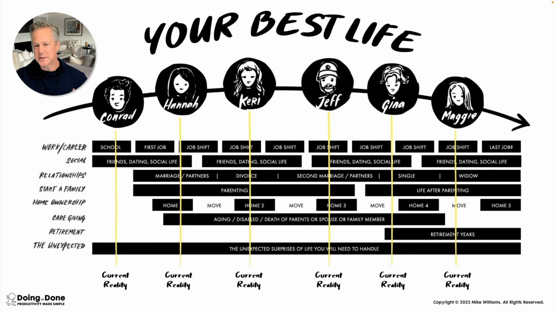So as you progress through life, and no matter where you are in life, there's always a current reality that you are living in, and those around you are living in a current reality as well. So one of the best things that we can do is just notice that over time, our stuff shifts to handle the complexity of our life.